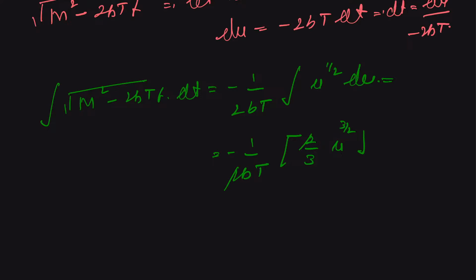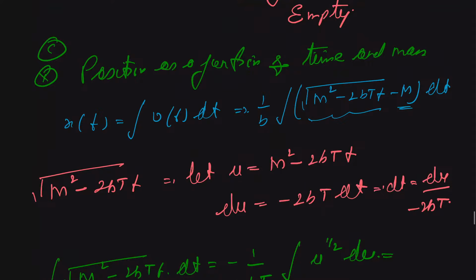So here the 2 and 2 cancel out, and this gives us minus u to the 3 by 2 over 3bt. And the second part will be nothing but m times t divided by b, so this gives us minus m times t, divided by b.